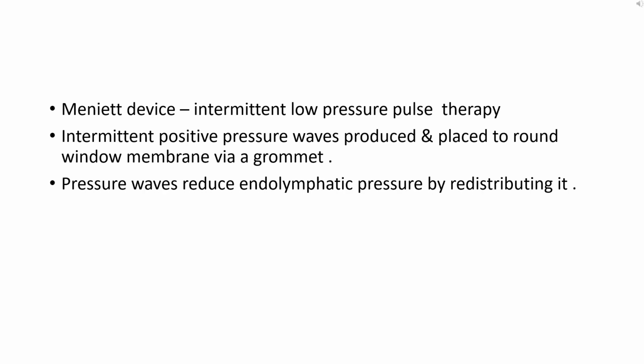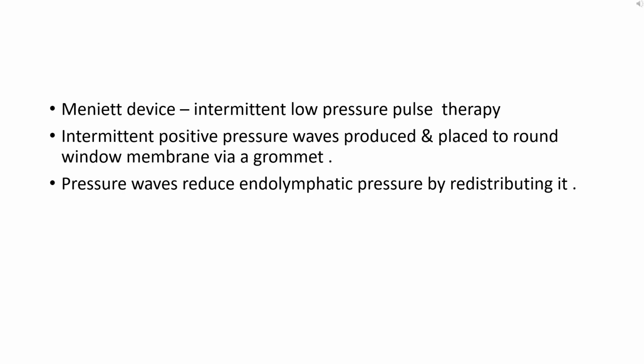There are a few devices also which can be inserted via myringotomy. That is a very small surgical procedure. The device name is important, that is the Meniere device. It is basically an intermittent low pressure pulse therapy device. Intermittent positive pressure waves are produced from this device, and it is placed at the round window membrane via a grommet.